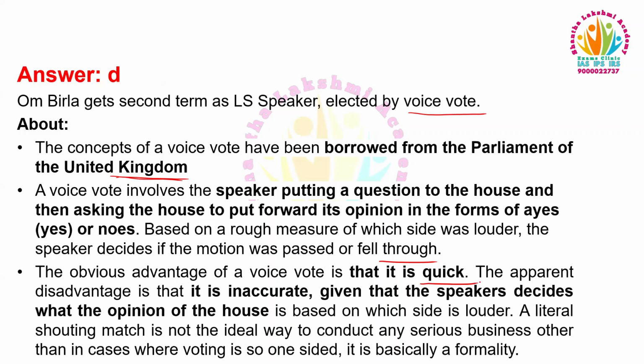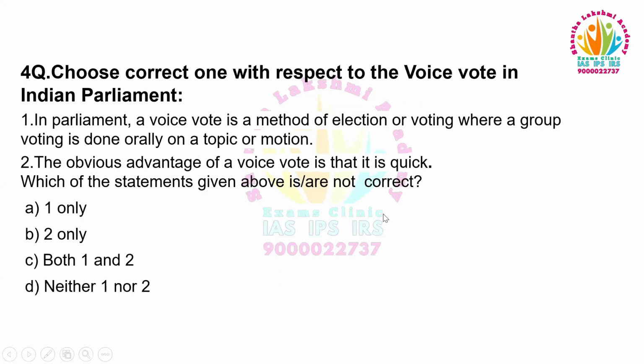The apparent disadvantage is that it is inaccurate, given that the Speaker decides what the opinion of the House is based on which side is louder. A literal shouting match is not the ideal way to conduct any serious business, other than in cases where voting is so one-sided that it is basically a formality. So the answer is neither one nor two, because both the statements given above are correct.